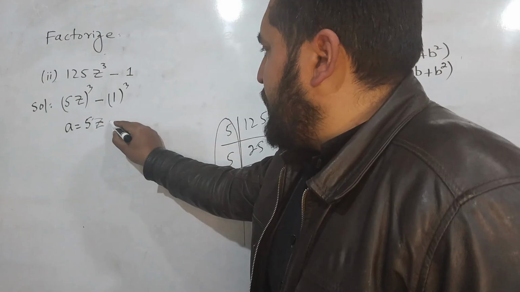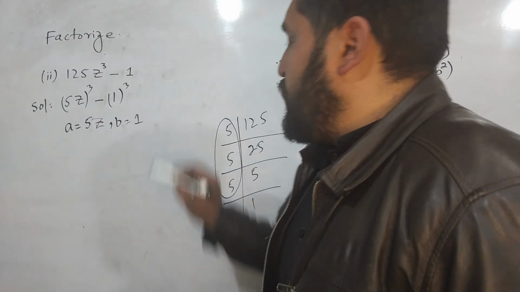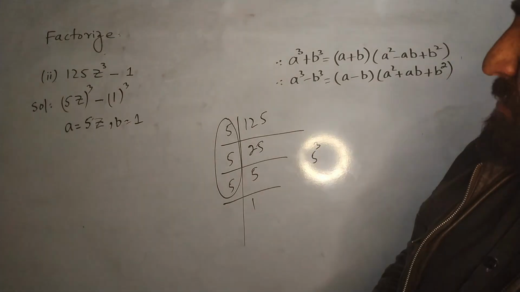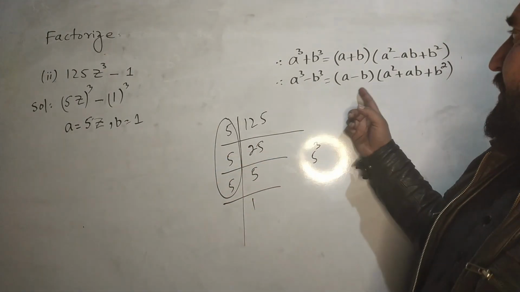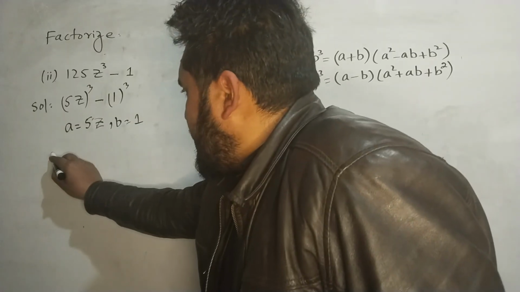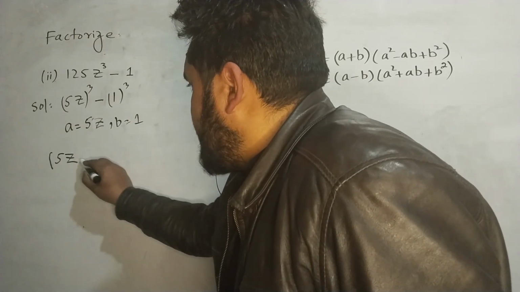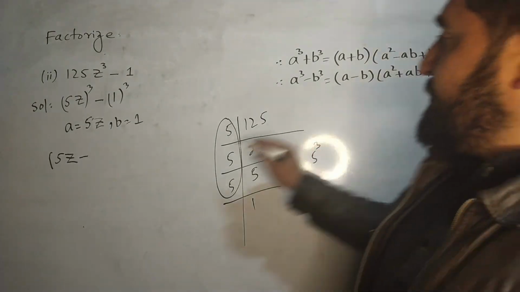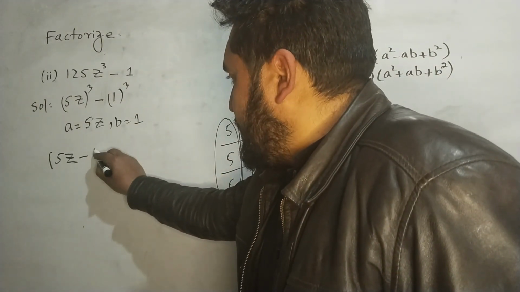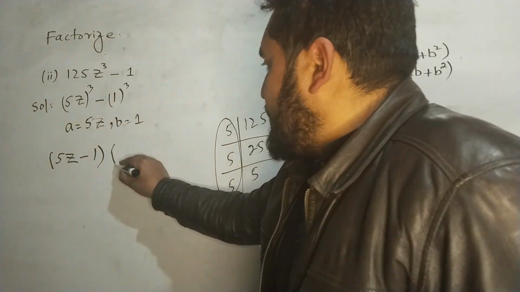And what is our b? Our b is 1. So we just put a and b over here. What is our a? Our a is 5z, minus, what is our b? Our b is 1.